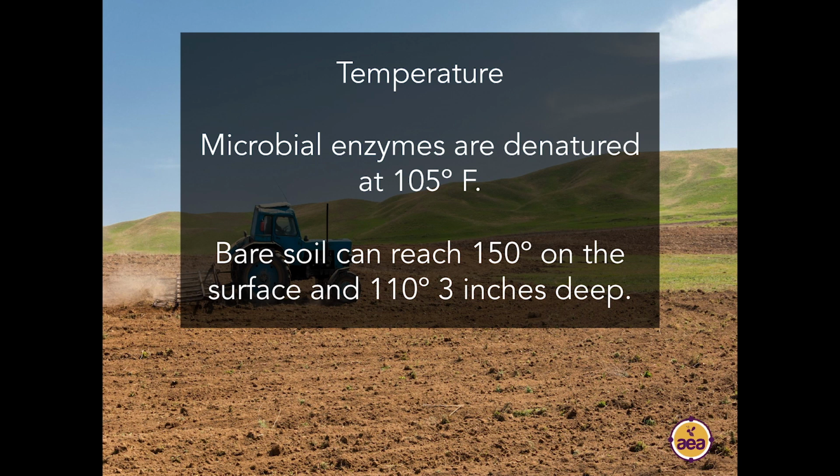So you will have no biological activity happening in the top 3 inches of your soil profile when that happens, which means that you do not have any nitrogen sequestration, you don't have any microbial release of nutrients to be made available to plants in that top couple inches of the soil profile.